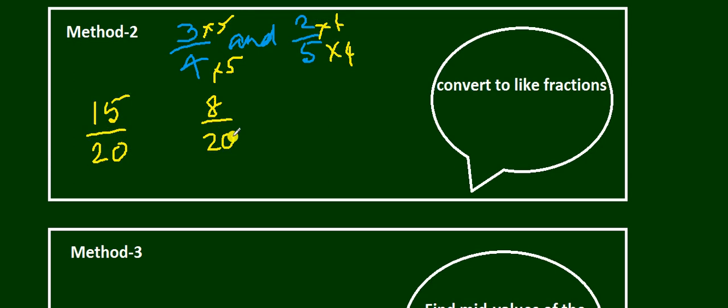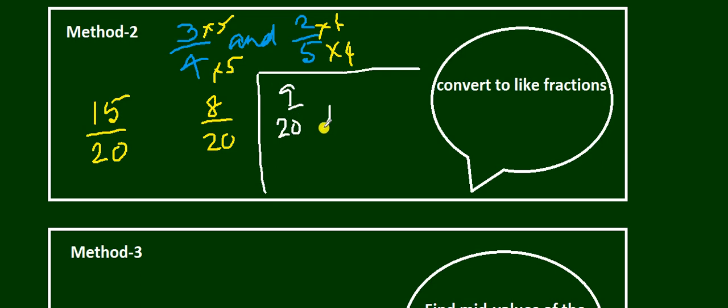Now since my denominator is the same, I can write between 8 and 15 any numbers. My answer could be 9 over 20, 10 over 20, 11 over 20 and so on.